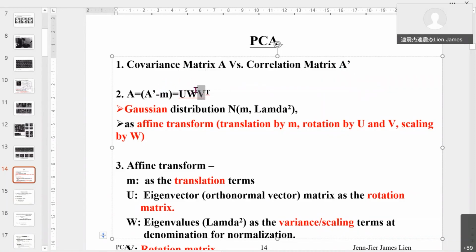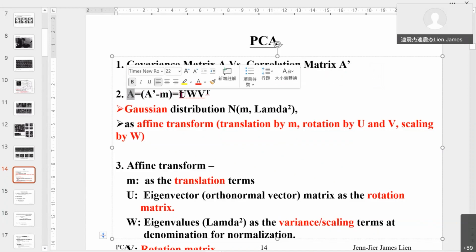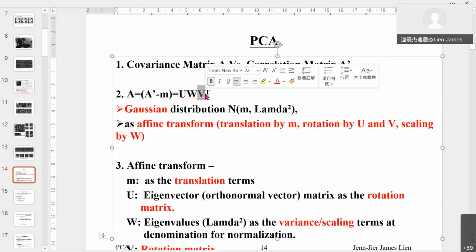This means the original space, after you rotate, becomes the eigenspace. Between the original space and the eigenspace there exists a rotation V. So the original space is here and your new space is here: you shift by the mean m and rotate to become the new eigenspace.